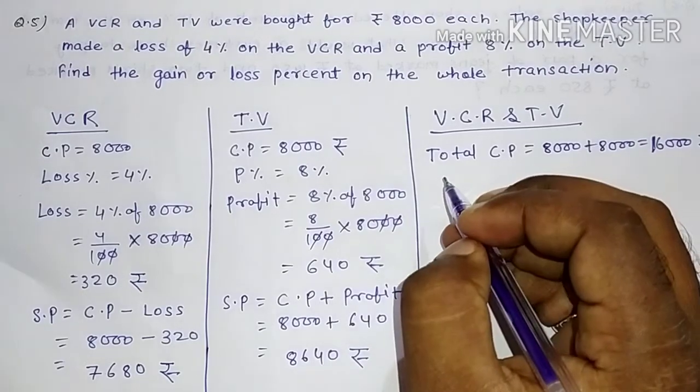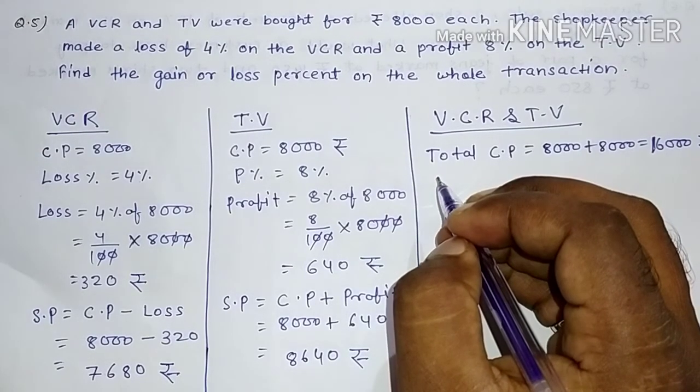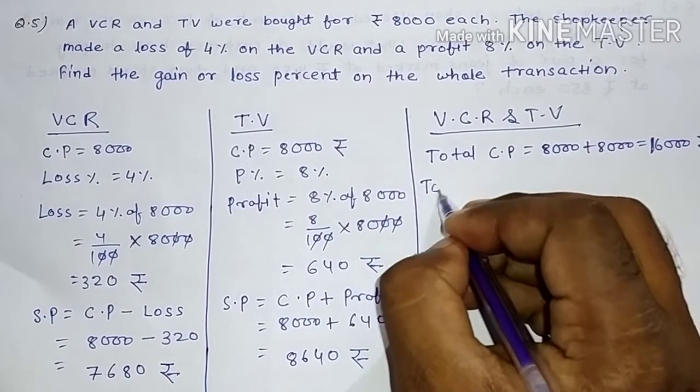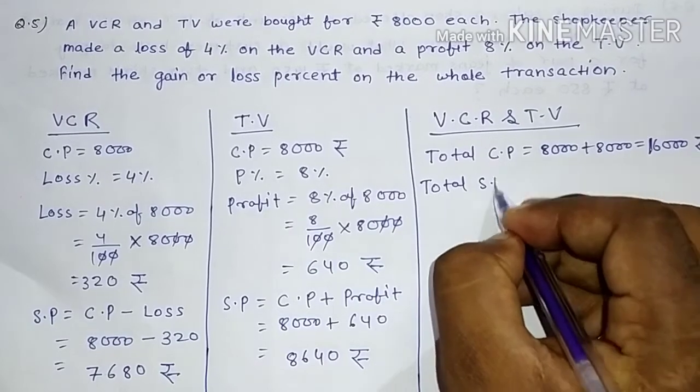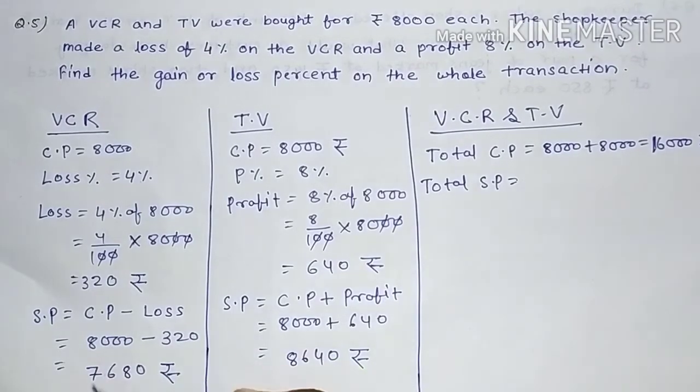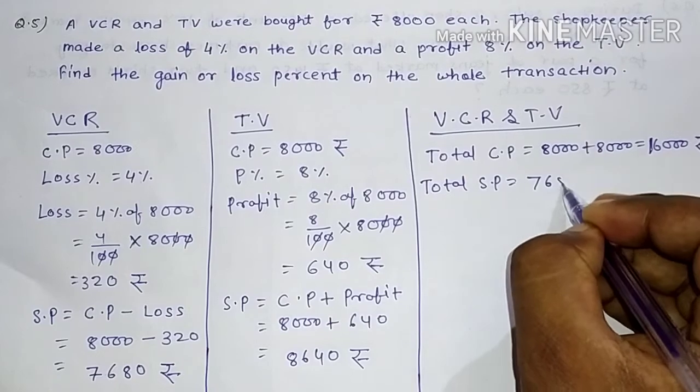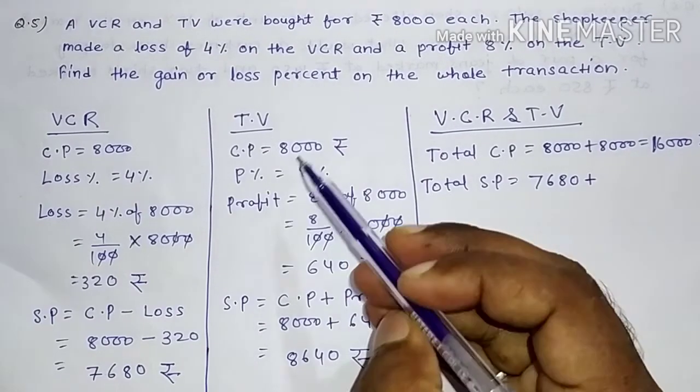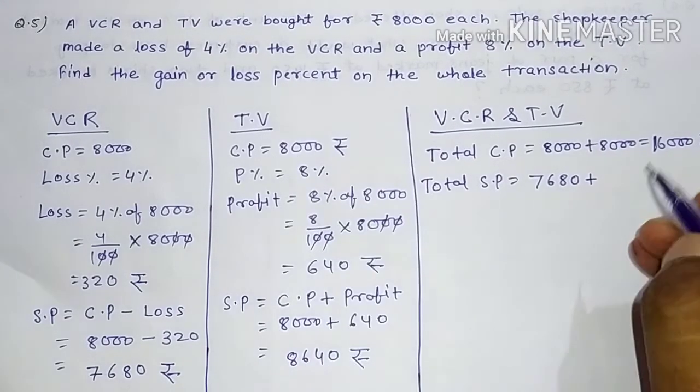and here we have to find total SP, total selling price. This equals the selling price of VCR, 7,680, plus the selling price of TV, 8,640.